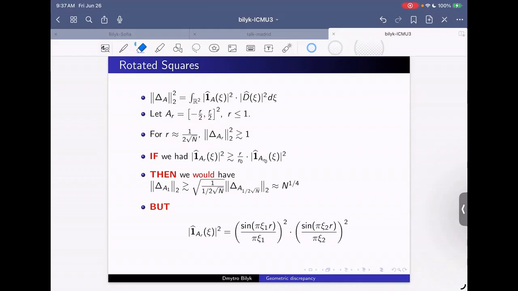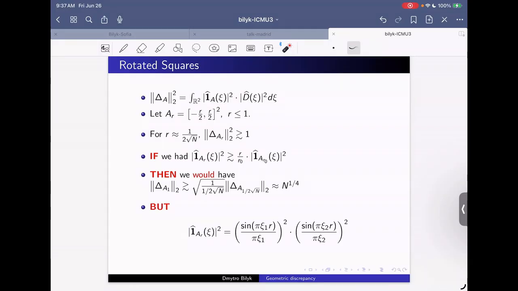From this identity, nothing would happen here, but this would increase, so the whole thing would increase exactly at the rate that you want, and if you check it, you would get exactly the value that you want. So if you had this linear increase in the side lengths, then you would get your bound.